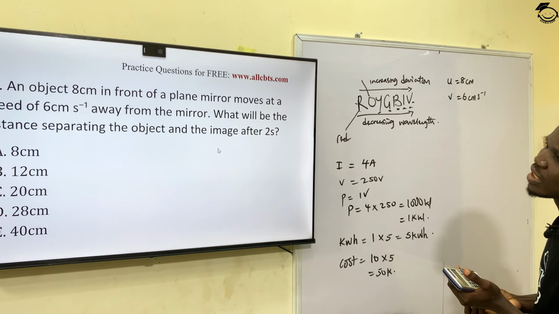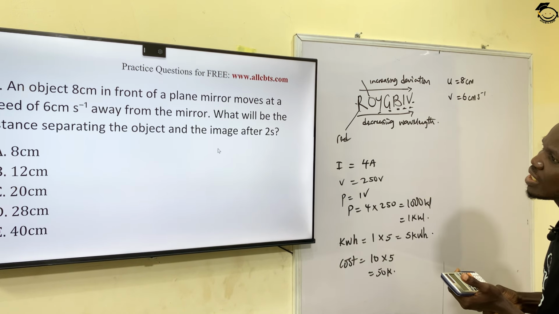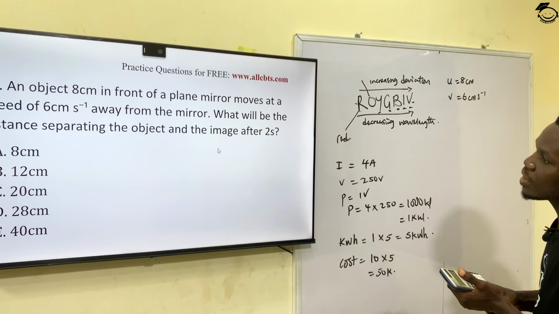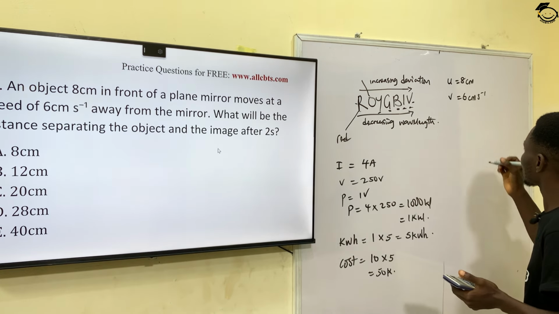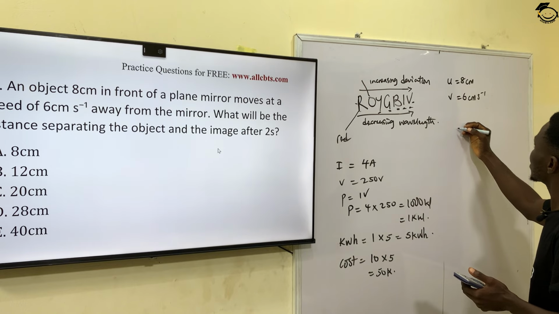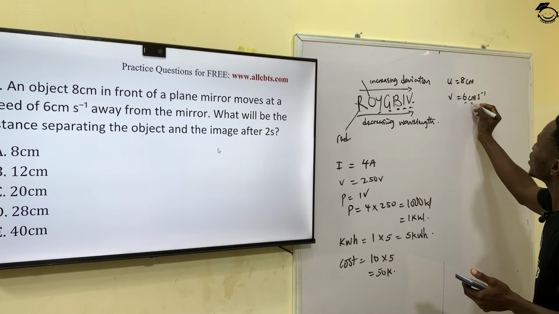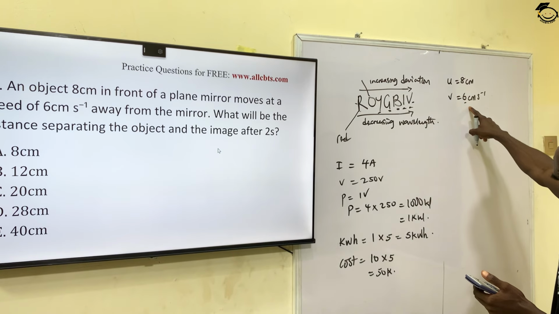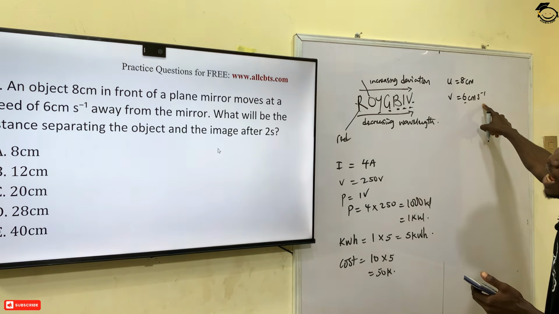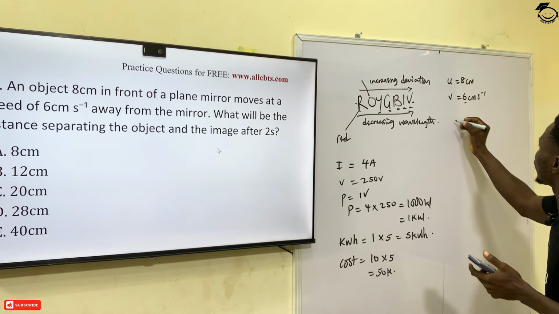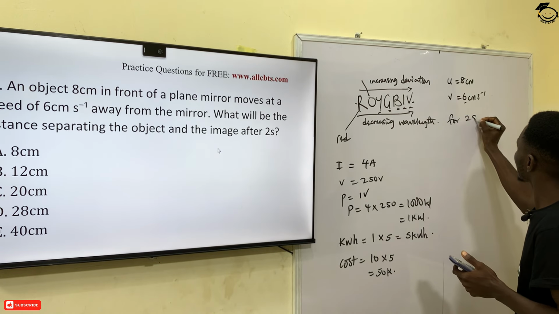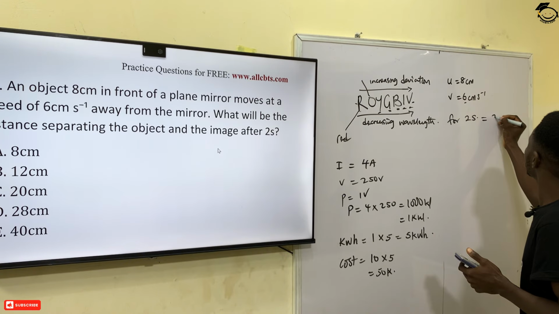What will be the distance separating the object and the image after 2 seconds? So after the first 2 seconds, if it moves at 6 centimeters per second, for 2 seconds, it would have moved 12.